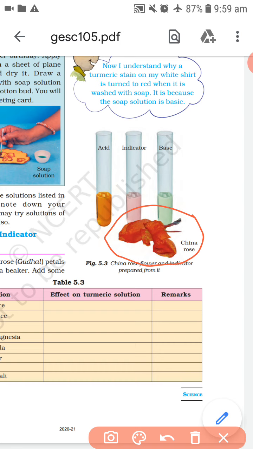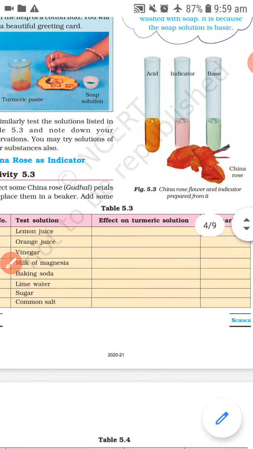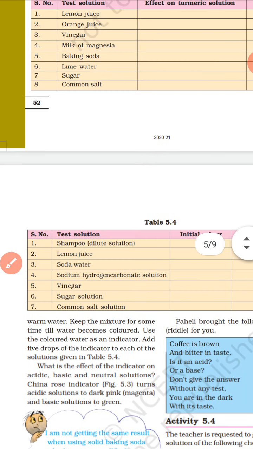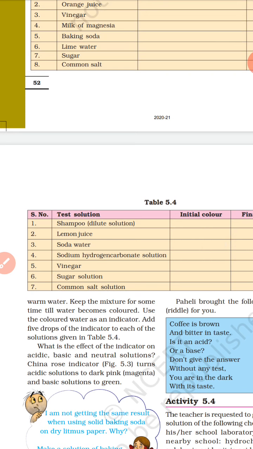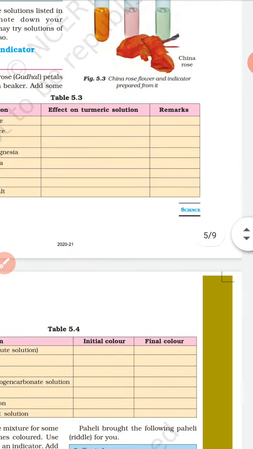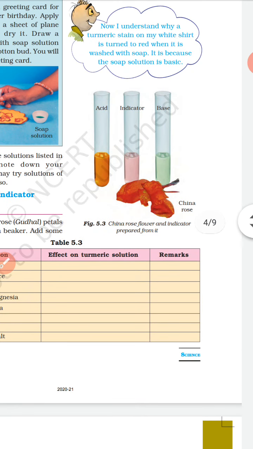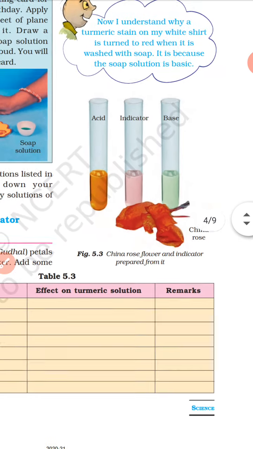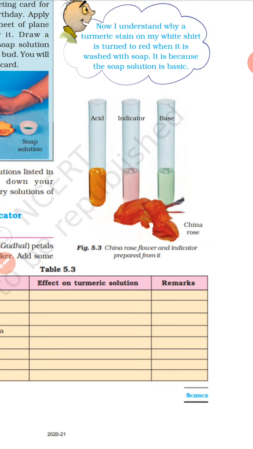Now you can see that the color of these 3 have changed. इसके जो कलर हैं वो चेंज हो जाएंगे because you have added this in the indicator, and you will see the differences in color. The color would change to dark pink, magenta, in acidic substances, and to green in a basic solution. So you can see these 3 colors have changed when we put the petals of the China rose, students.